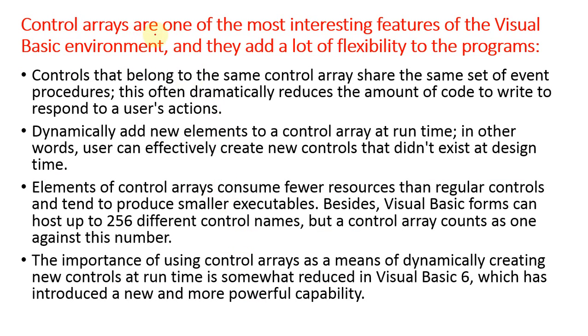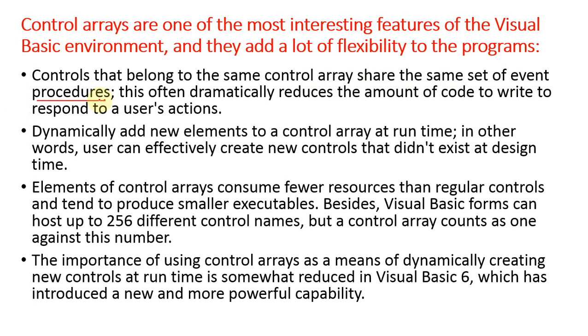Okay. So control arrays are one of the most interesting features of the Visual Basic environment, and they add a lot of flexibility to the program. What are the flexibilities? Controls that belong to the same control array share the same set of event procedures.